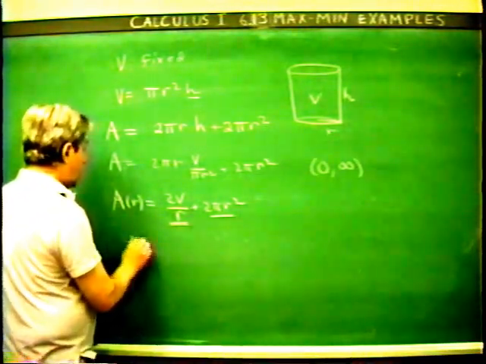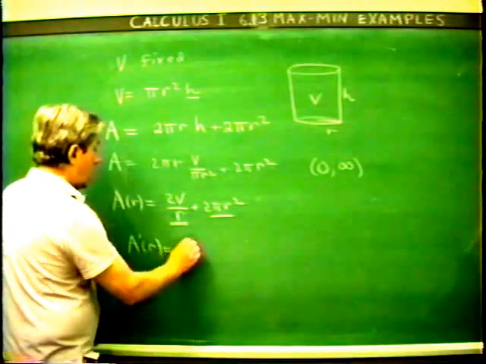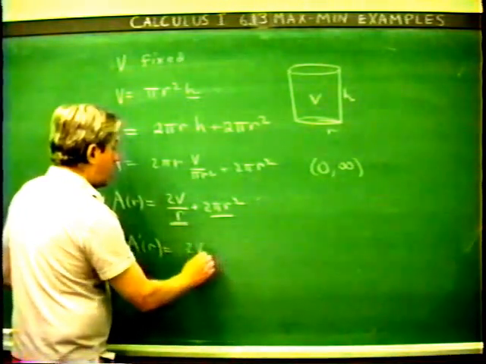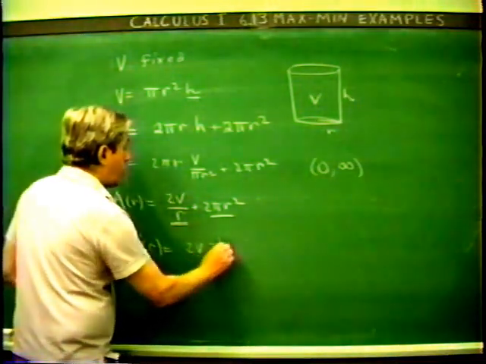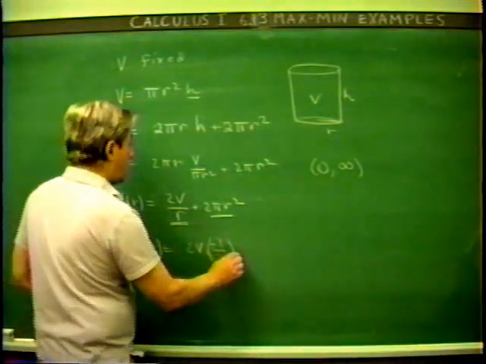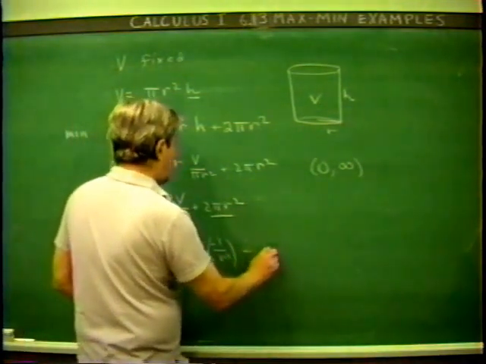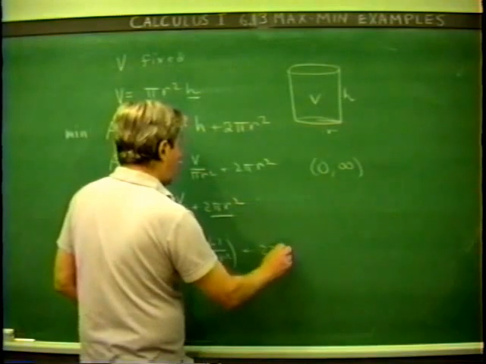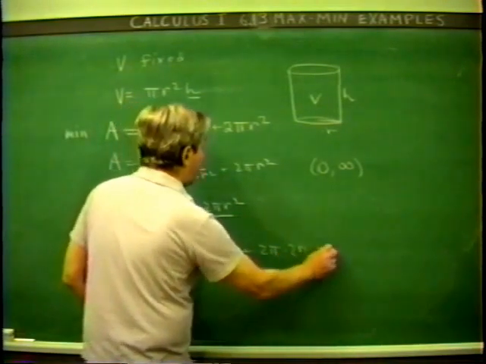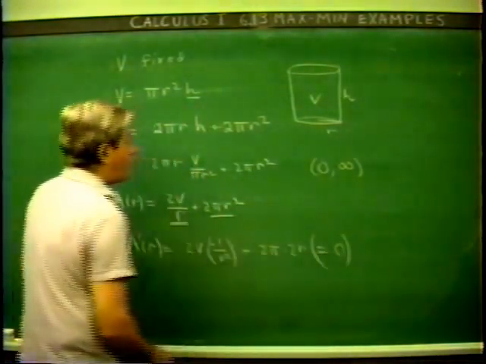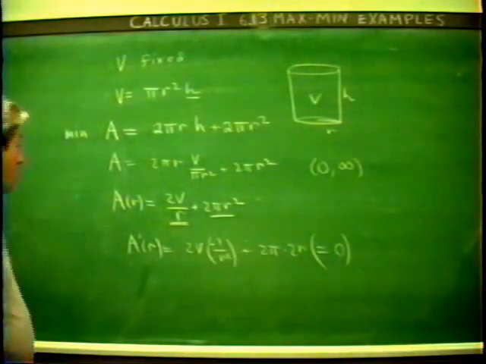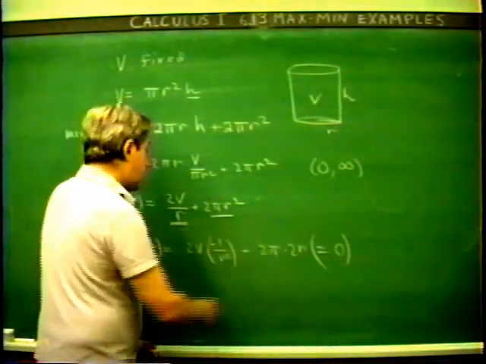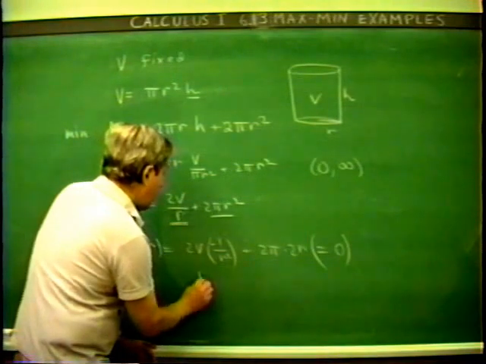And so we can use our standard methods here for finding where the minimum occurs. Namely, we look at the derivative of this function. It's 2V times minus 1 over r squared plus 2 pi times 2r. We want to know when is that equal to 0.